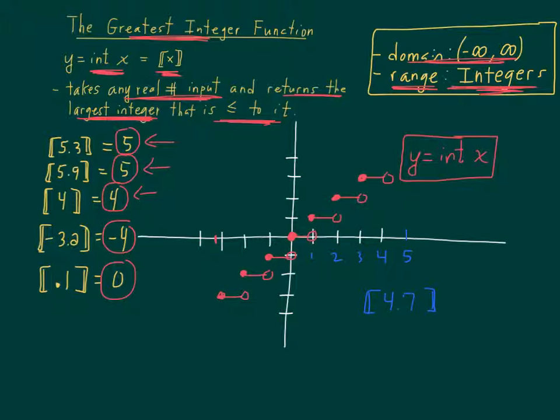But if I had, 4.7 is right here in this area. If we were to look up, you would see that the graph would go over one more like this. 4.7 would fall on this piece right here, which would have a y value of 4. So this would equal 4 since that is the largest integer that is less than or equal to it.